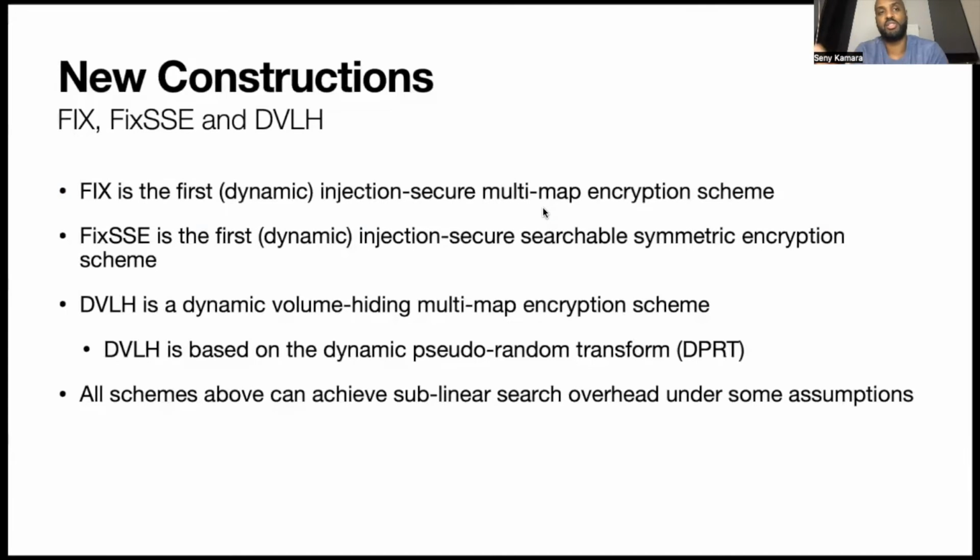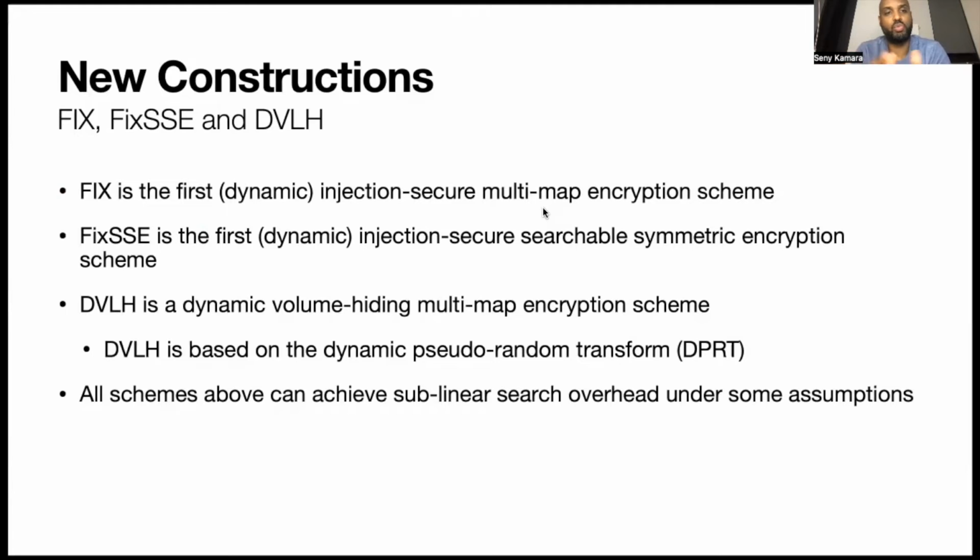And then we design a crypto multimap that has exactly that leakage profile. This new multimap encryption scheme is called FIX, and it's the first dynamic injection secure multimap encryption scheme. Based on that, we design an SSE scheme, which we call FIX SSE, which is a dynamic injection secure searchable symmetric encryption scheme.